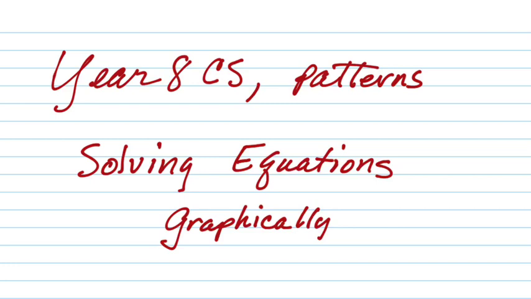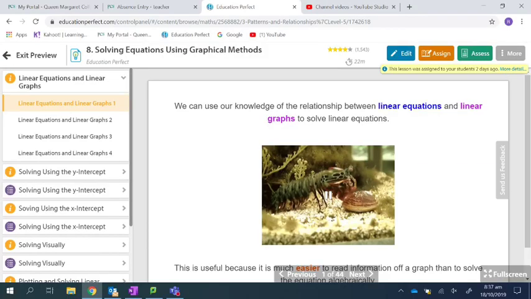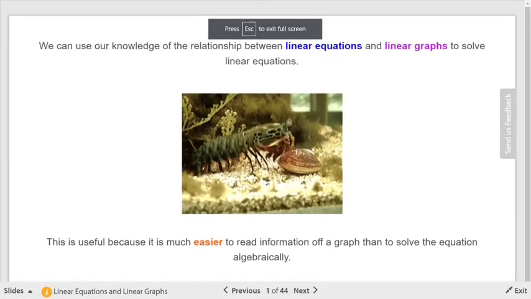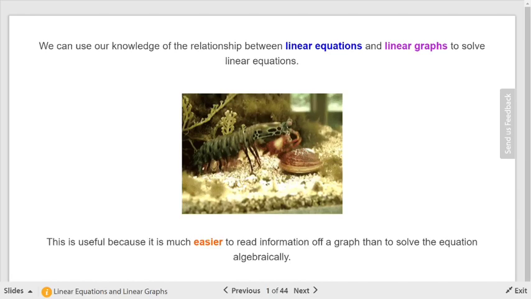So, everybody ready? Let's go and see what's going on. All right. So, we can use our knowledge of relationships between linear equations and linear graphs to solve linear equations, right? Because remember that the graph is simply a picture of the equation.